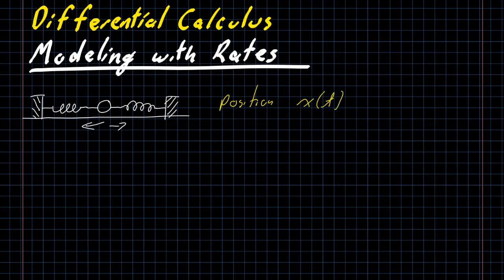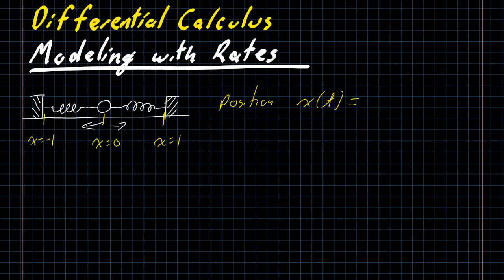Let's say that the position of this object is given as some function x of t. We're going to define x equals 0 as being right here at the center. x equals positive 1 is where the ball hits the wall on this side. x equals negative 1 is where the ball hits the wall over there on that side.